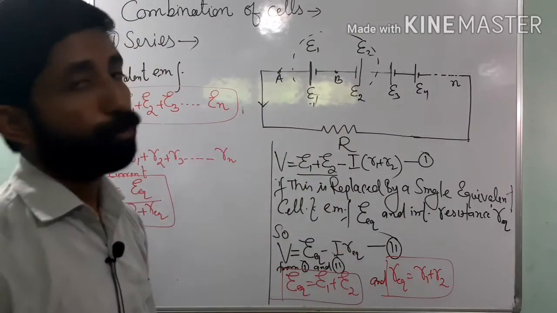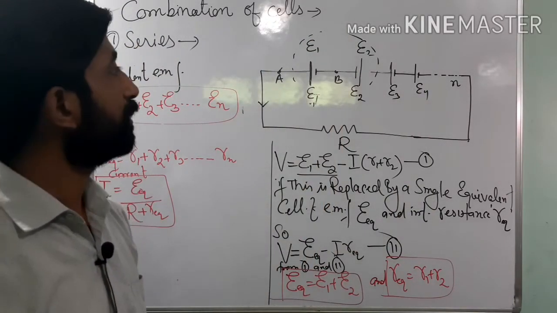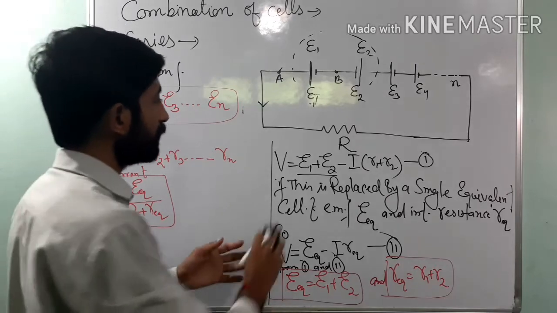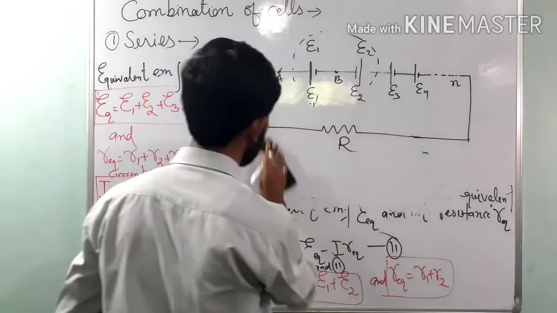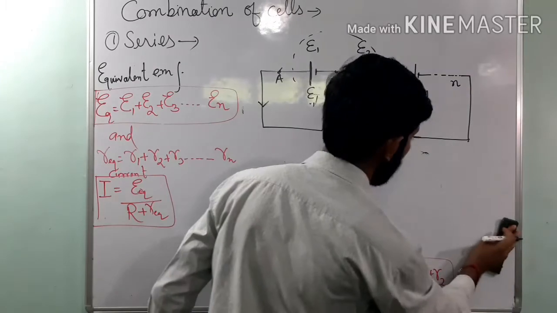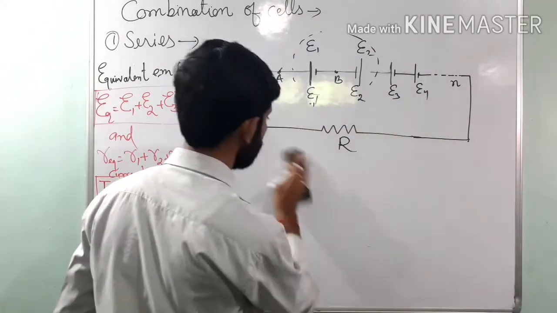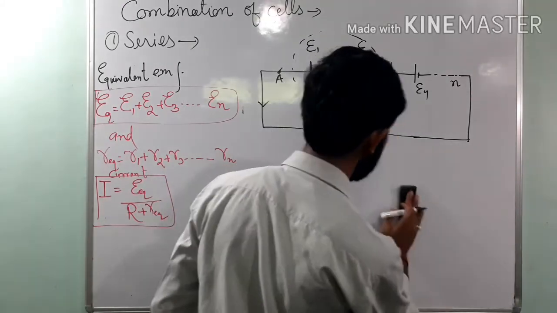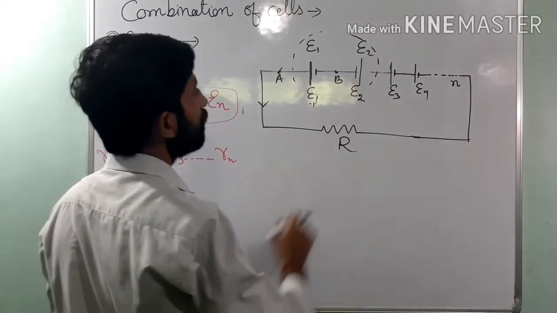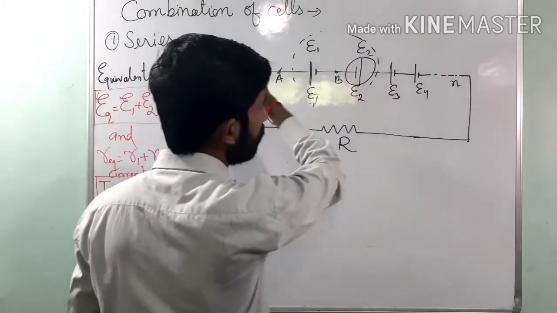In that case, what will be the equivalent EMF? In that case, the equivalent EMF of the combination will be reduced by the EMF of the cell that has been added wrongly.